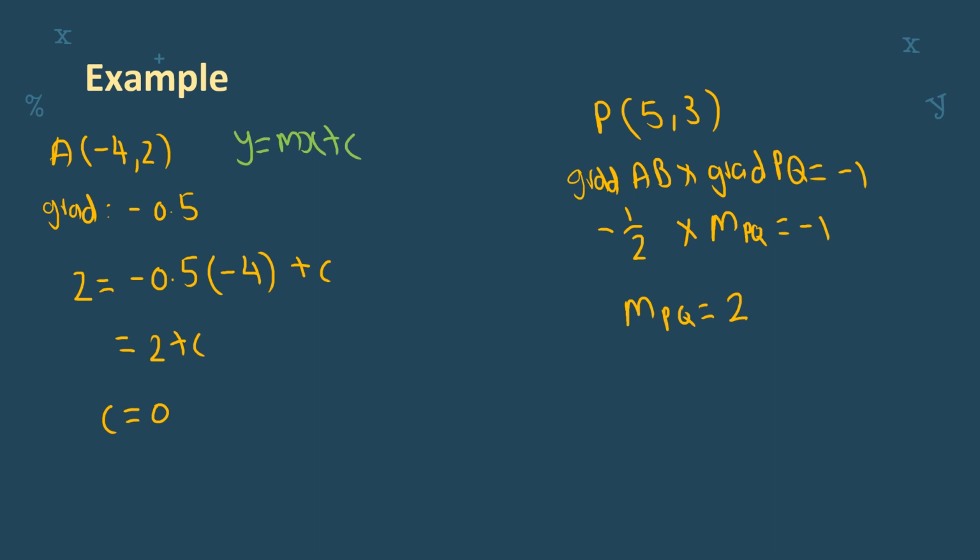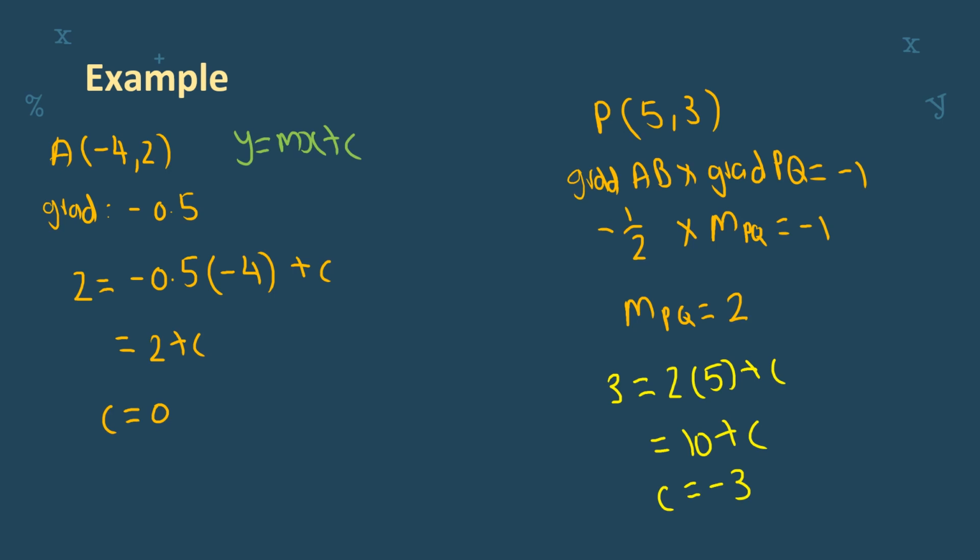And now we can sub everything into the equation again. So y, which is 3, equals m, which is 2, times x, which is 5, plus c, and this equals 10 plus c, so c equals negative 3.